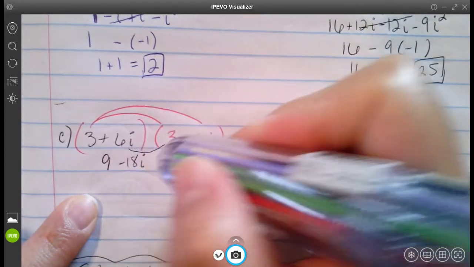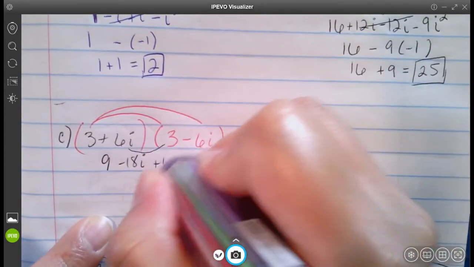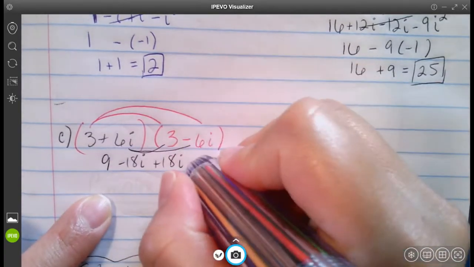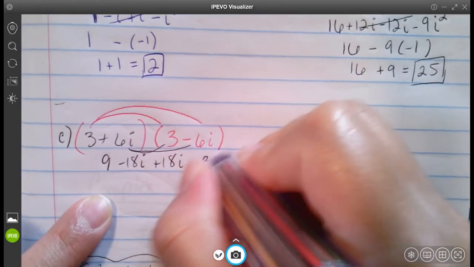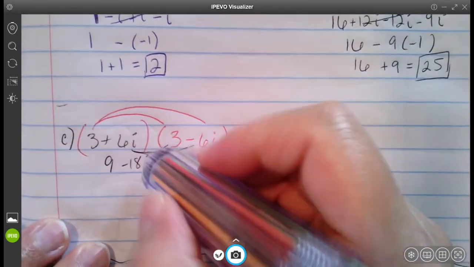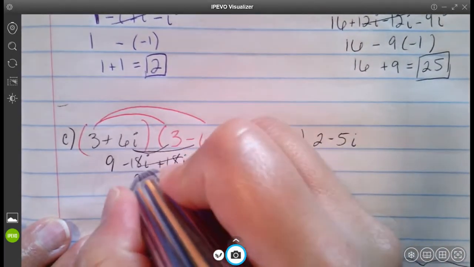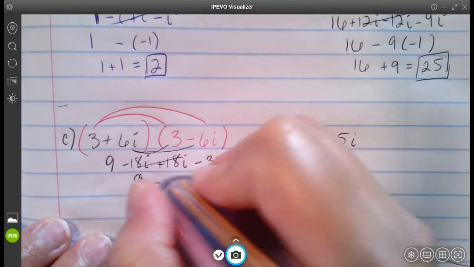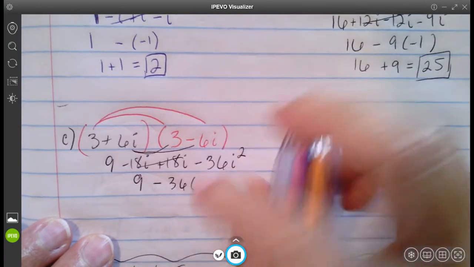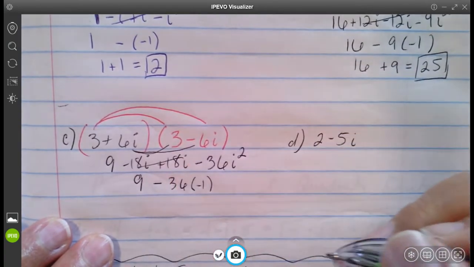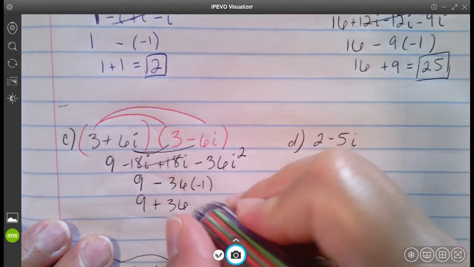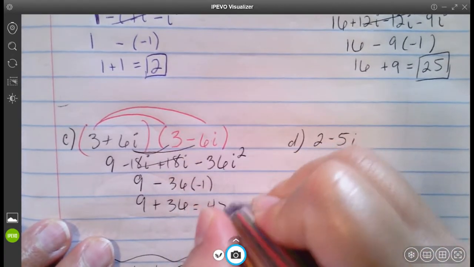Then we do the inside. 6i times 3 is positive 18i. 6i times negative 6i is negative 36i squared. Okay, these are gone. So we have 9 minus 36 times i squared, which is negative 1. So 9 plus 36 is equal to 45.